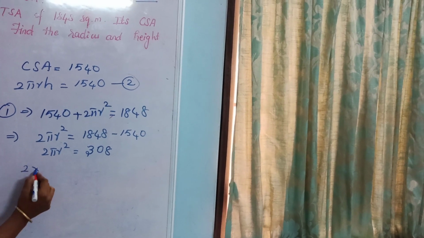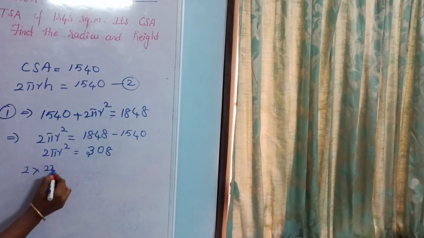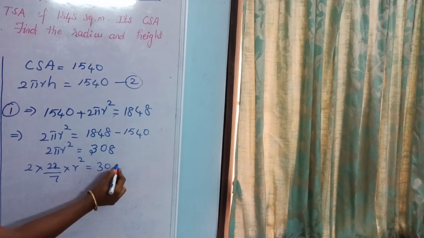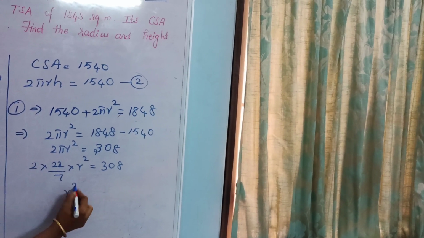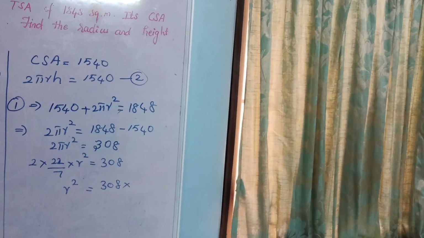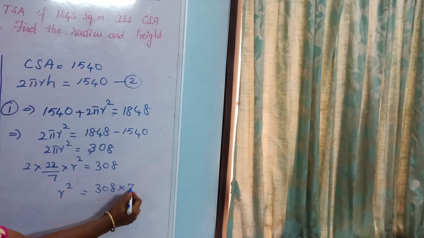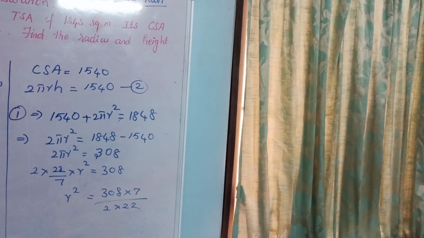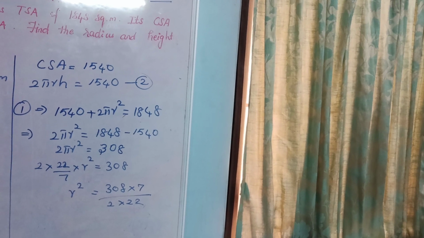Now let us substitute the value for pi. So it is 22/7 into r² equal to 308. We want r², so let us take all the terms to that side, which becomes 308 into 7 by 2 into 22. Now we have to cancel this to find the value of r.